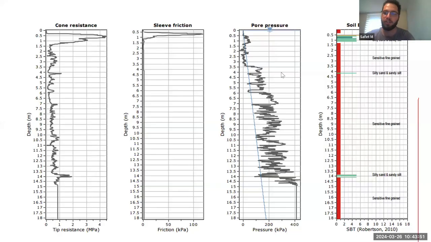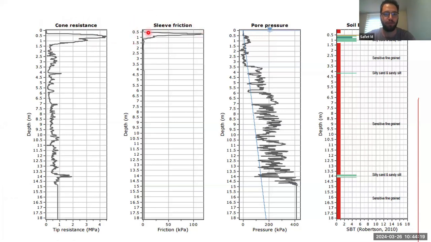I really like CPT, and you can get a lot of data just from CPT, and it's usually the same price as a boring. It's really easy to use, and you can get a lot of data as you're going to see right now. So the first one is going to be cone resistance, which is measured just by pushing a cone in the ground.